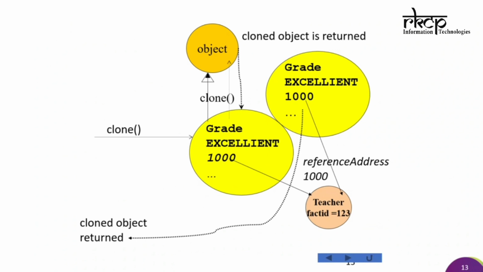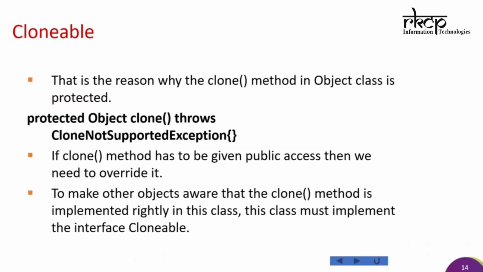If I try to access that value inside the Teacher, the cloned object will be returned, and because it refers to the same memory, you will be able to save memory, and people will feel there are many other objects. To create this clone, you use the Cloneable marker interface. With the help of the Cloneable interface, you are doing the clone.